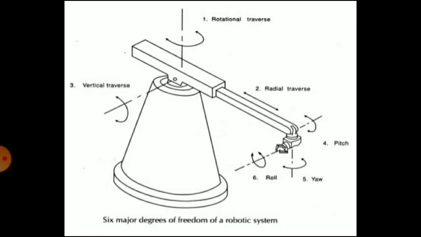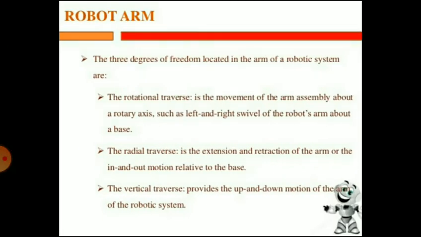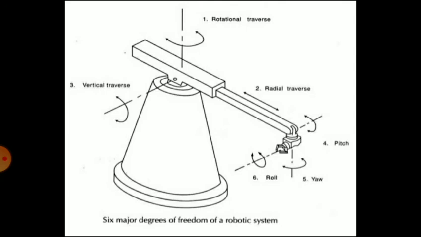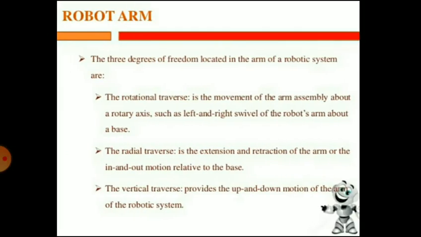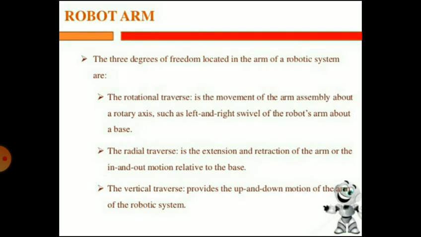It is the extension and retraction of the arm, or the in and out motion relative to the base. And third is vertical transverse movement, which provides the up and down motion of the arm of the robotic system. So this is regarding the arm movement.